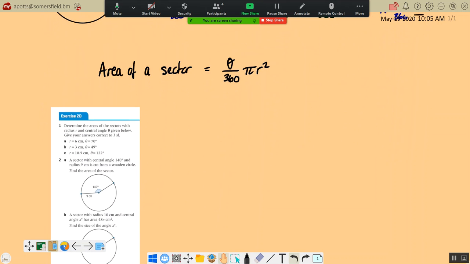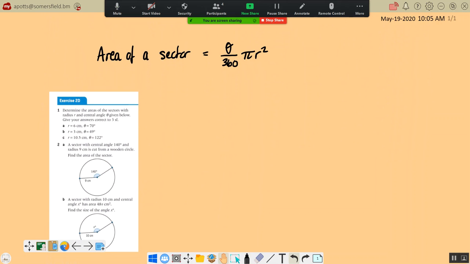These are some of the questions out of the textbook. So let's have a look at maybe this question here. A sector with a central angle of 140 and a radius of 9. Find the area of the sector. So we're looking for this area.